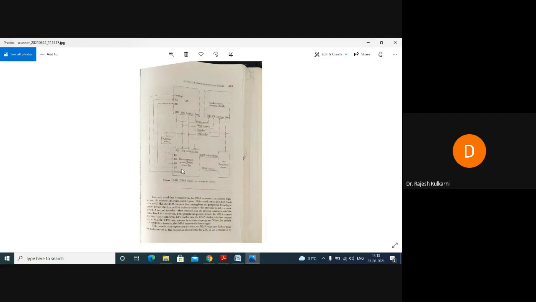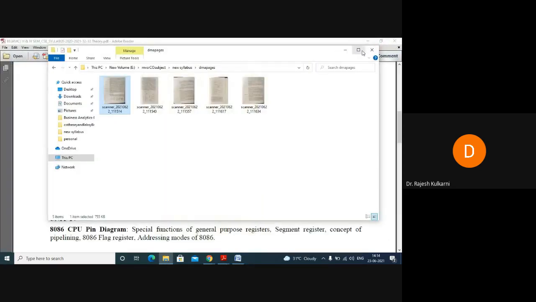The CPU selects the DMA, and a bus request is issued by the DMA. Bus grant is issued by the CPU, which means the CPU is telling the DMA that the address lines, data lines, and control lines are in high impedance, that is, open circuit. So this was all about yesterday's discussion of direct memory access.